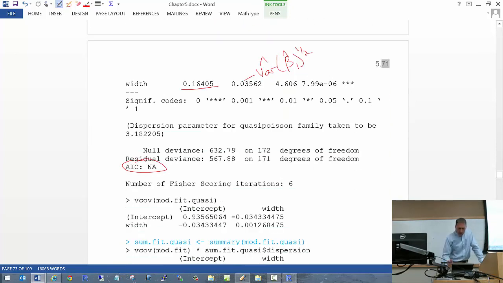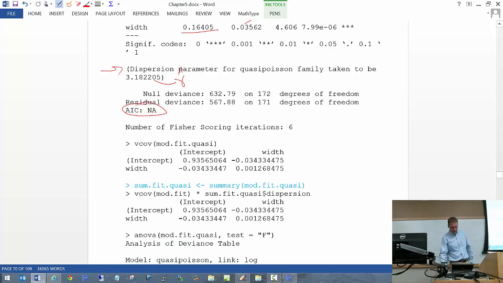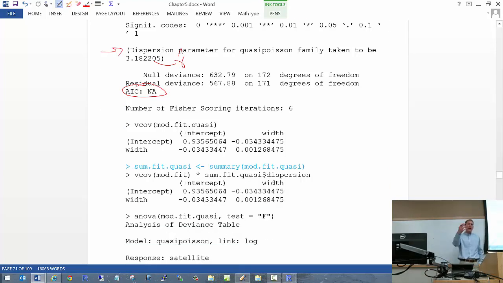Okay. So also back on page 571 now, in my output you see something called dispersion parameter for Quasi-Poisson family taken to be 3.18. That is my gamma hat. If you want to find your whole estimated covariance matrix, just like what we've done before, you can use the vcov function.